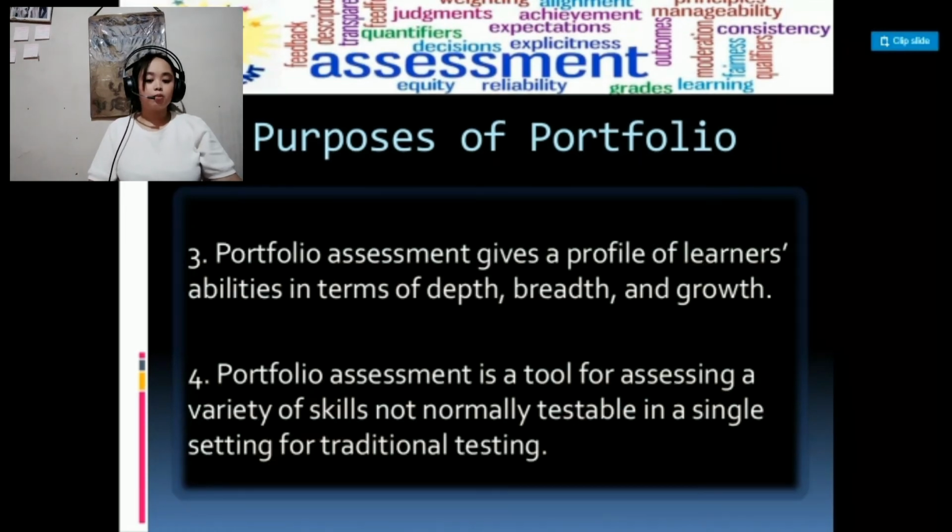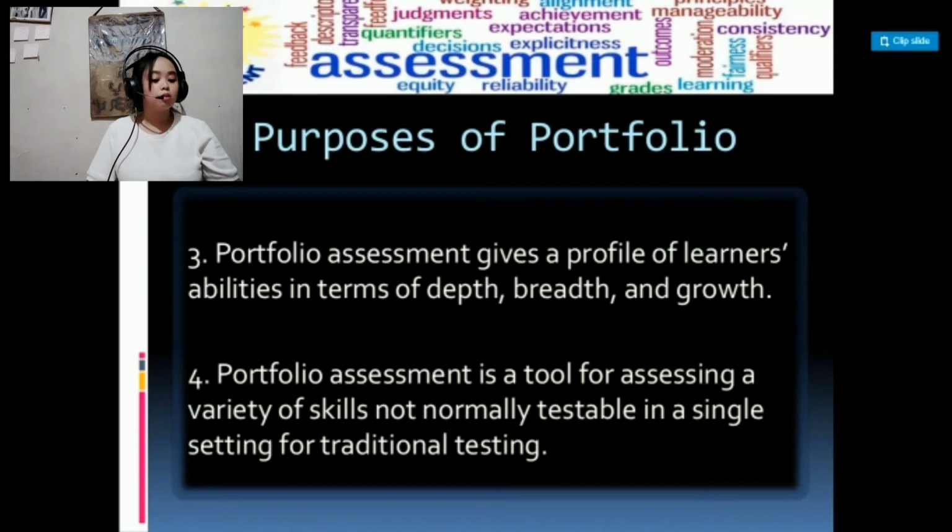The third is that portfolio assessment gives a profile of learners, which shows their abilities, their progress, and improvement as a learner. The fourth one is that portfolio assessment is a tool for assessing a variety of skills. Through creating a portfolio, it shows the students' performance, their learnings, and also their realization in a certain subject, which is not more on memorization.